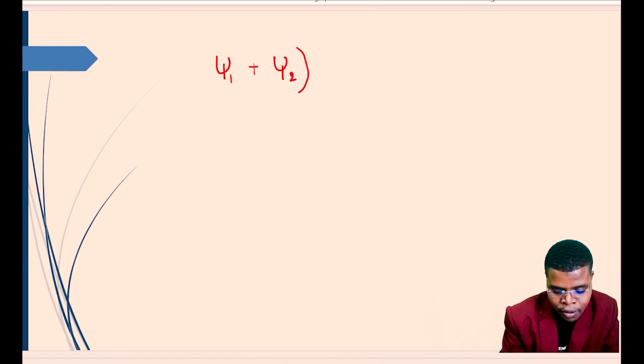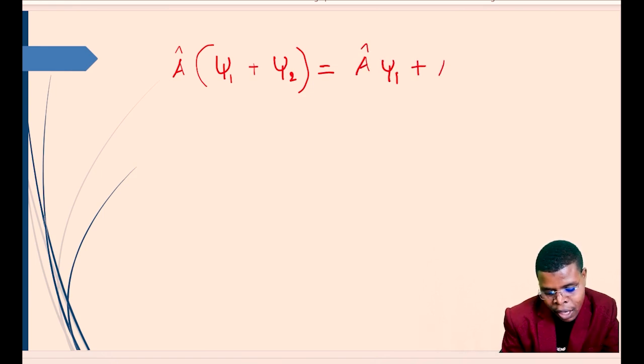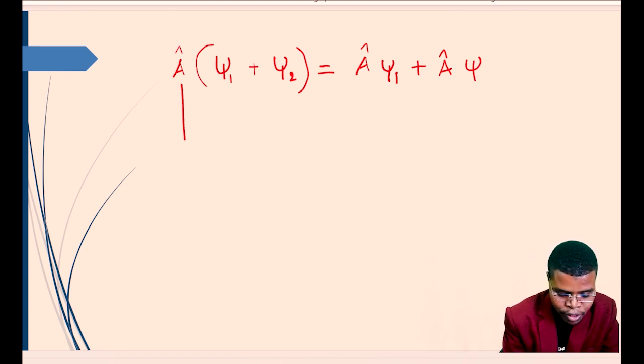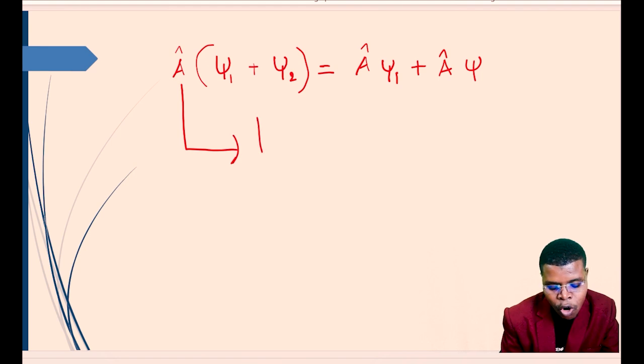If we apply operator A to the sum of these two functions, it must be equal to Aψ1 plus Aψ2. If it satisfies this condition, we can say that this operator is a linear operator.